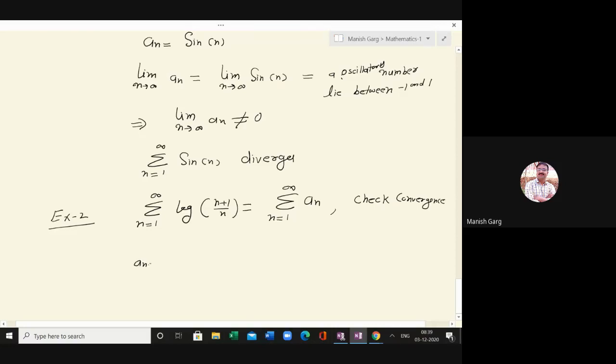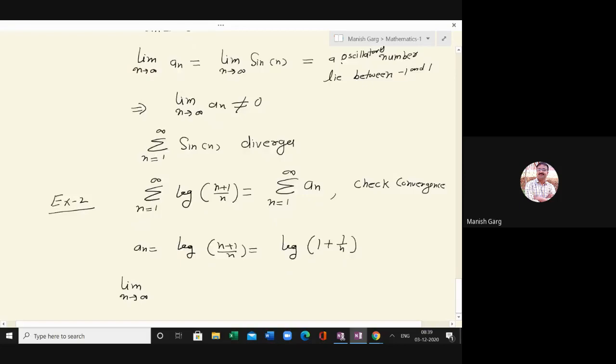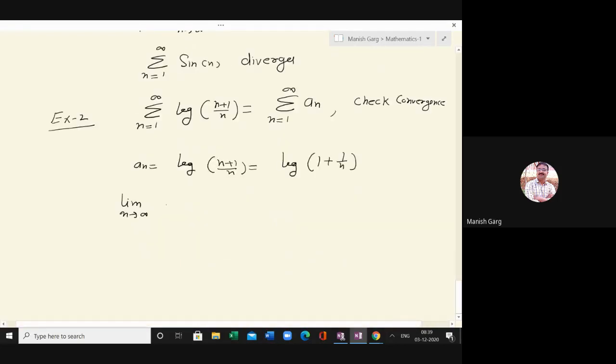Here an is equal to log((n plus 1) over n), which you can write as log(1 plus 1 by n). Check the limit as n tends to infinity of an. This is the limit of log(1 plus 1 by n), so this will be log 1, which is 0. So here the limit as n tends to infinity of an is equal to 0.